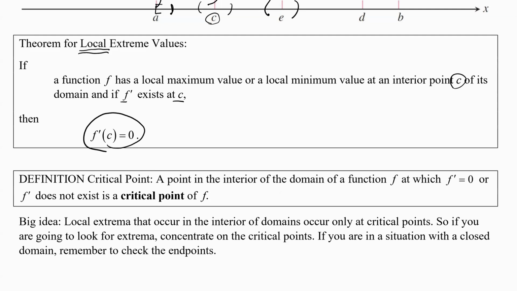What it doesn't say is that if f prime of c equals 0, then it's a local max or min. It just says if there is a local max or min and the derivative's there, it's equal to 0.